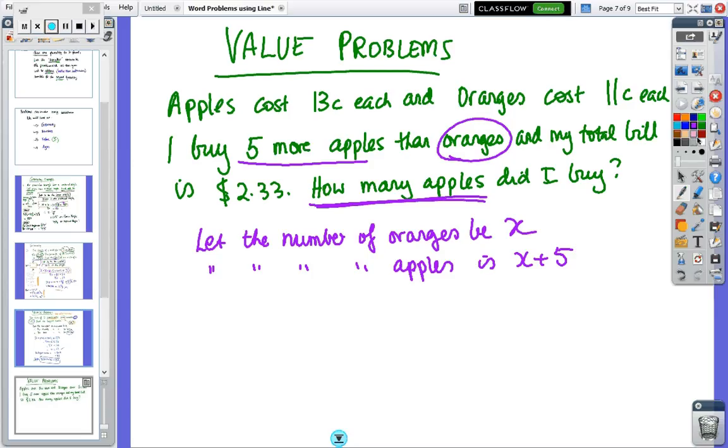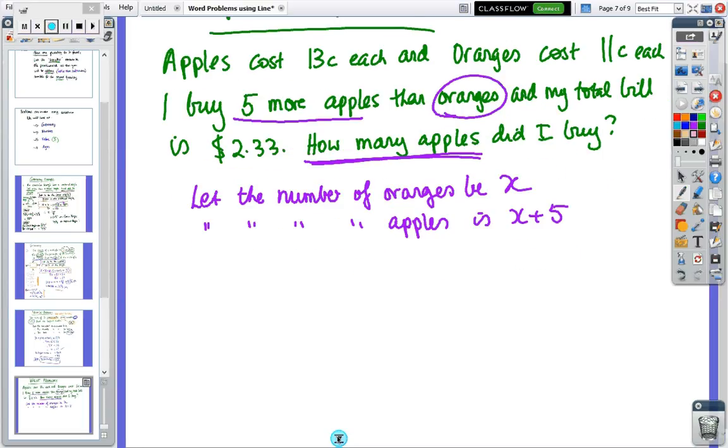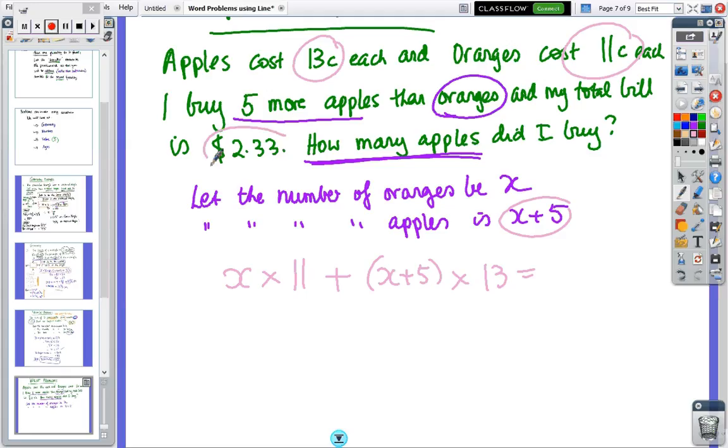Now, the equation has got to do with the money. Each of the oranges costs 11 cents, each of the apples costs 13 cents, and my total bill is 233 cents.